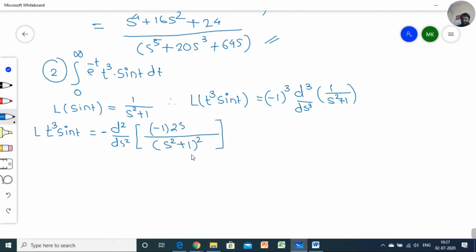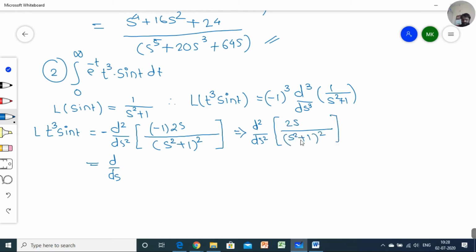So please try to understand this question. Now next, we again apply the derivative, so minus minus I'm writing as plus, so the term is plus d by ds. I'm going to explain one step here. So d square by ds square of 2s upon s square plus 1 raised to power 2.